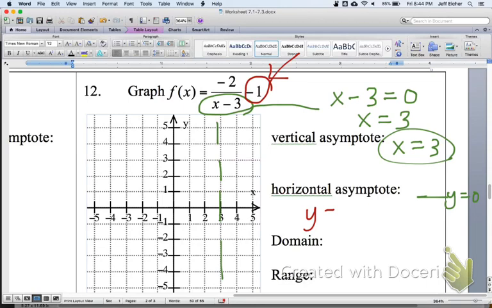So your horizontal asymptote would be at y equals -1. You can see that this little square is at the point +3, -1. So from that shift, we could see you're going to go right 3 and then down 1 for that little box right here.